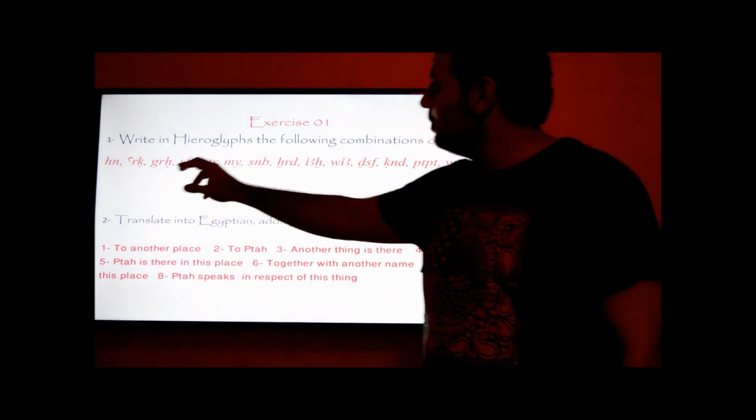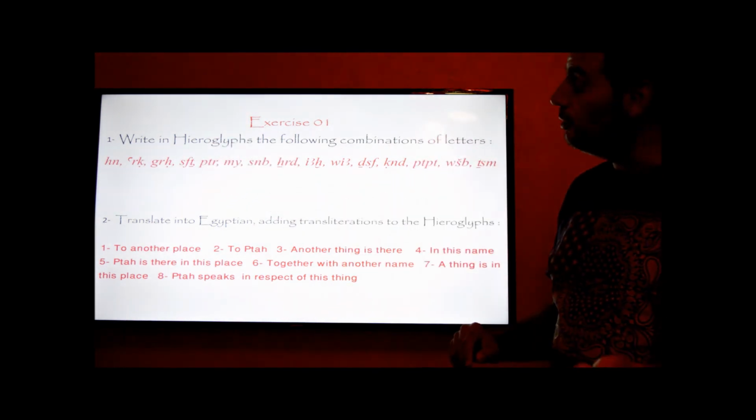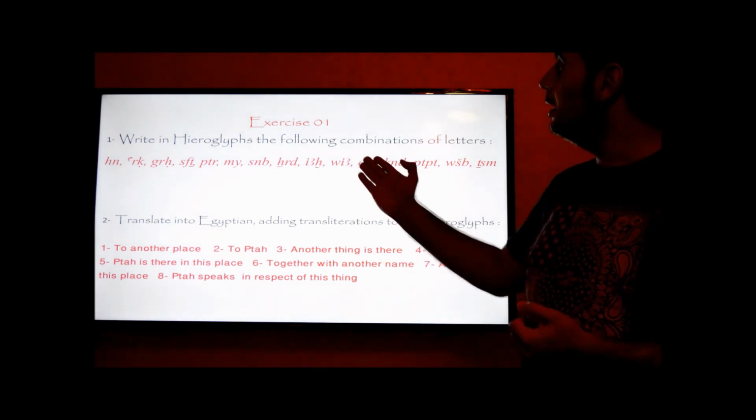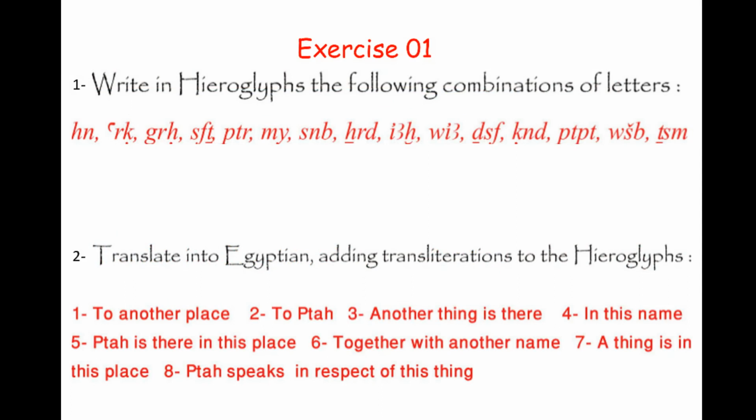I want you to replace those letters, which are in transliteration font, with the hieroglyphic font. The second question: translate into Egyptian. This is from English. I want you to translate into Egyptian, adding transliteration to the hieroglyphs.